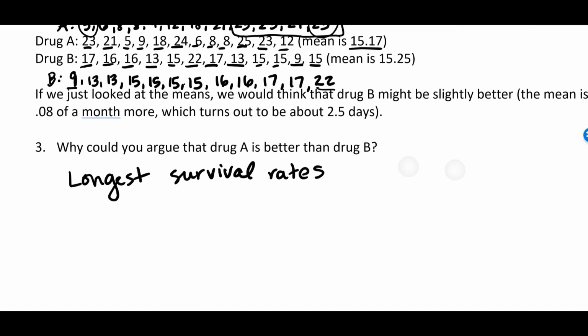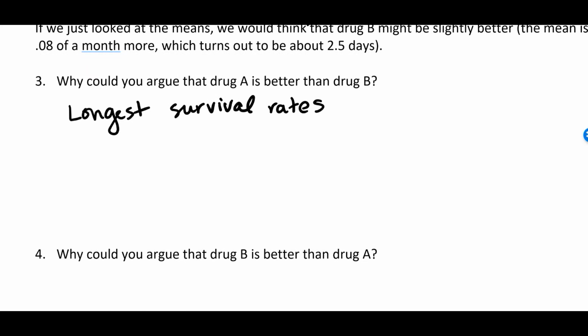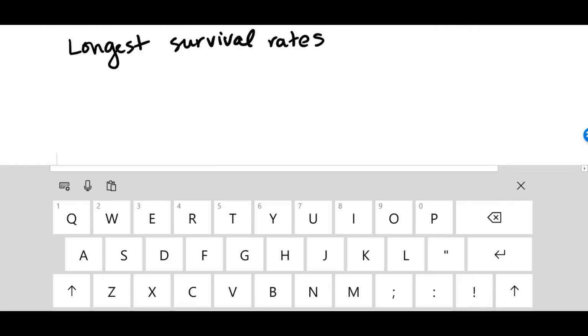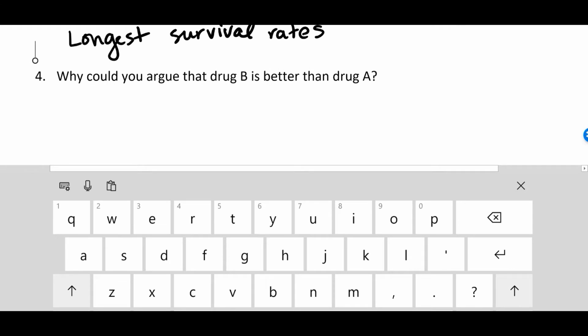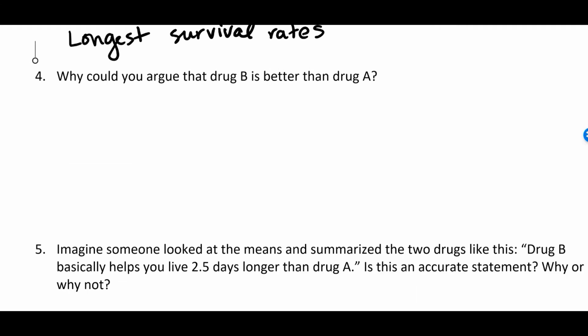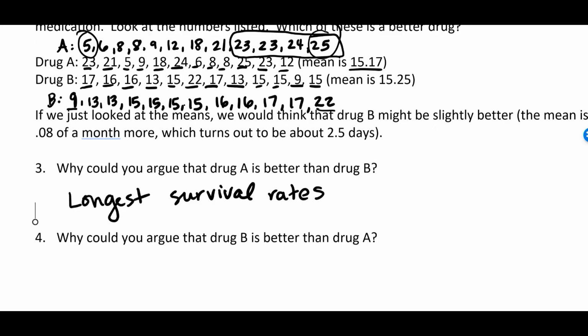So how could we argue that drug B is better than drug A? I'm going to just bring this up a little here. Well, again, if we're looking at these two, with drug B, sure, nobody lived over 2 years, but the lowest already beat out four from group A, right?